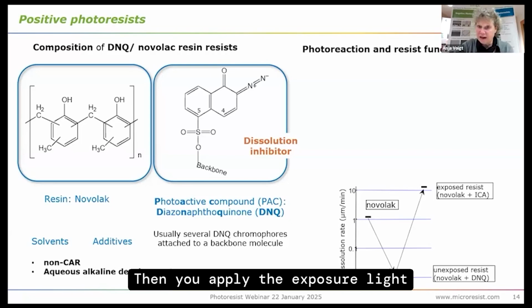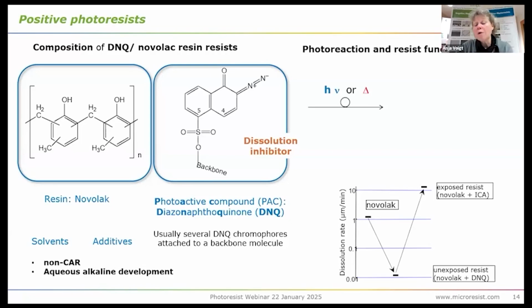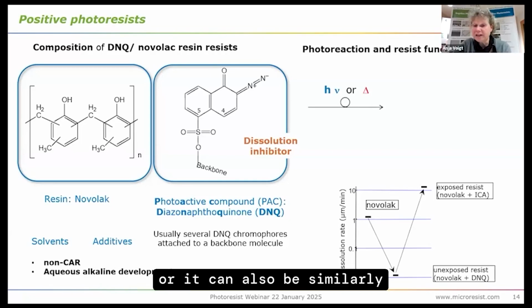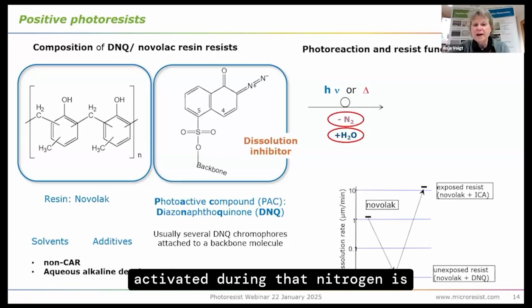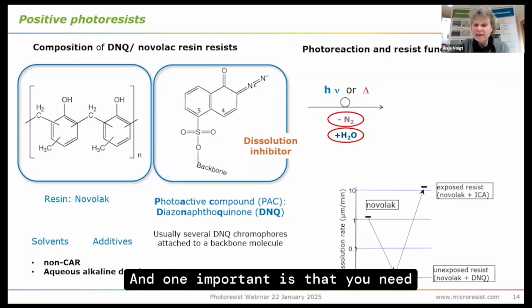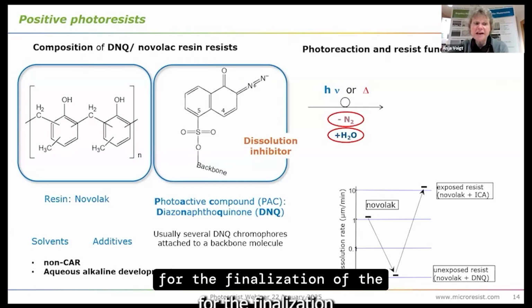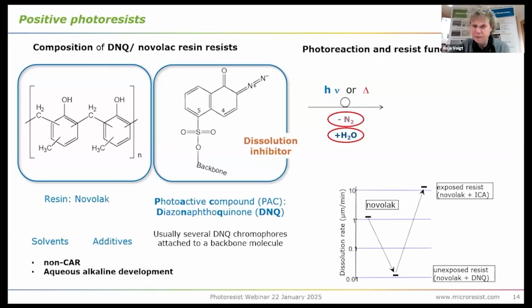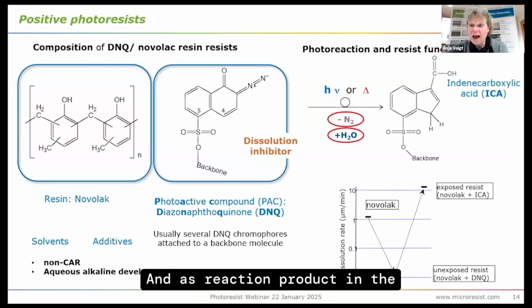Then you apply the exposure light, or it can also be thermally activated. During that, nitrogen is extruded. And one important point is that you need water for the finalization of the chemical reaction. As a reaction product, indene carboxylic acid is formed.